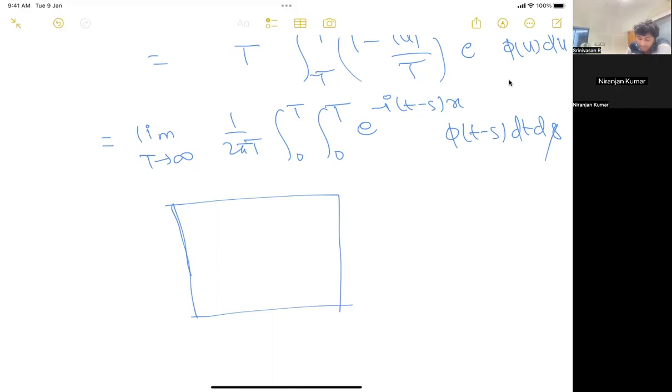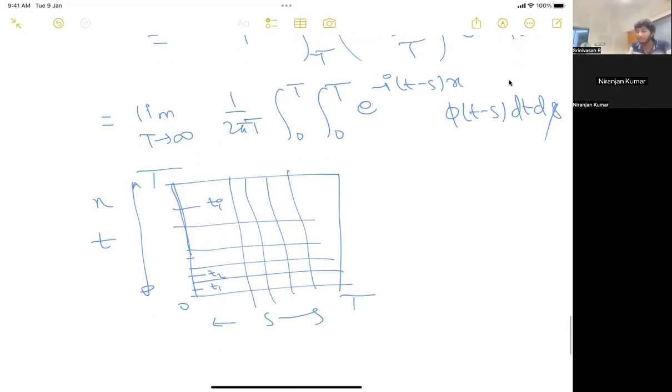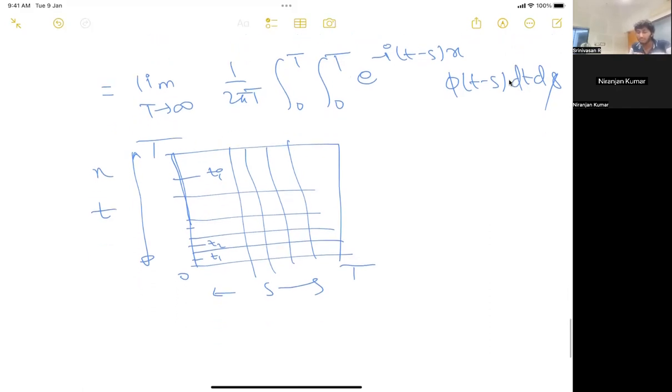For that, what you do is you have 0 to t here and 0 to t here. You partition into n intervals of equal length and choose the points t_i on this side, the t side, and similarly partition this side, the s side, into n partitions, and the overall partition will be given by the product of these partitions.